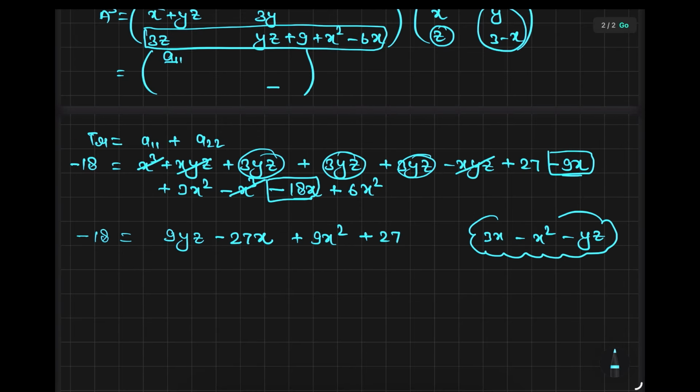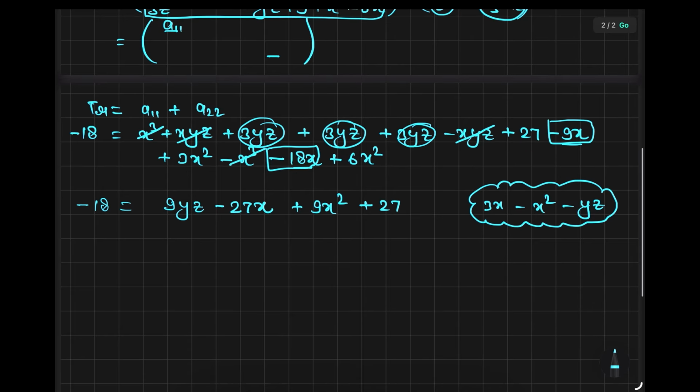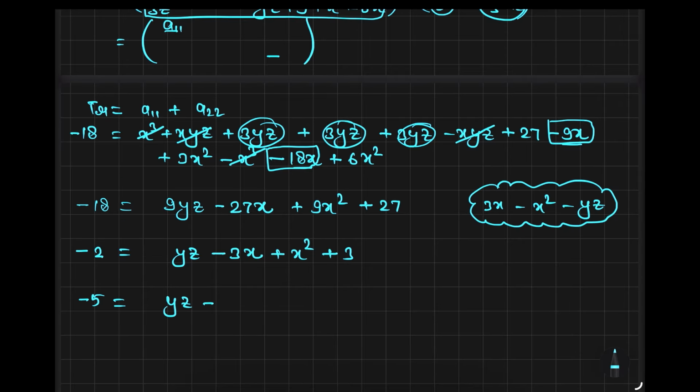Just have patience. Can I divide both sides by 9? See what happens. This is yz minus 3x plus x square plus 3. Now we will send this 3 to that side. So it is minus 5, and it will be equal to yz minus 3x plus x square.